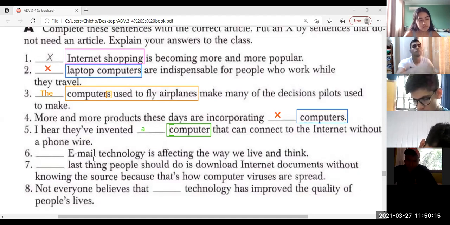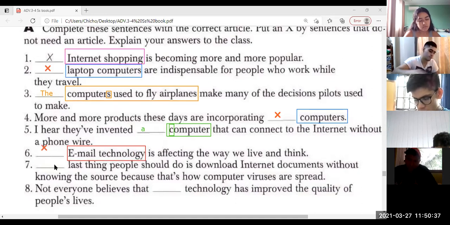Email en esta ocasión está trabajando como un adjetivo. Email technology. So this is uncountable. That's why we don't use an article. Okay? Because it's uncountable and we are talking about a general statement. Okay? Let's go with the next one.